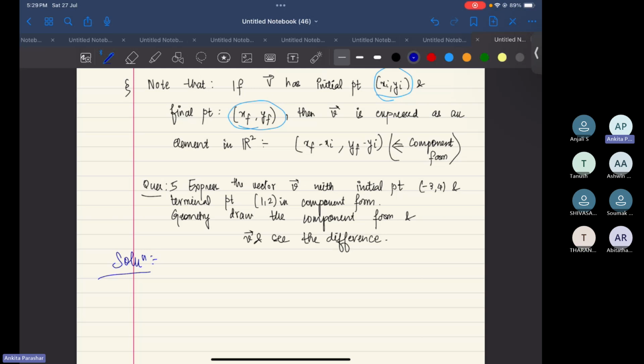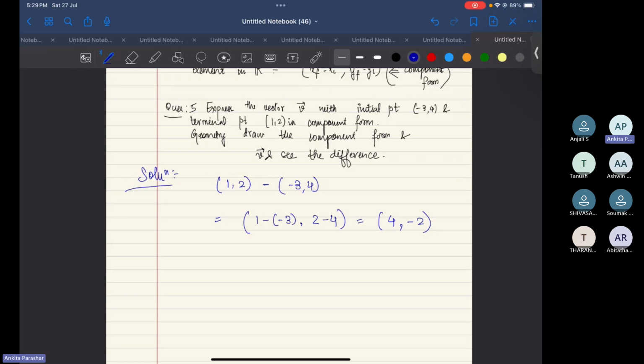Four minus two. Let me see. Our final point is (1, 2), and we take the difference with (-3, 4), component-wise. So 1 minus minus 3 and 2 minus 4. So we get (4, -2). Yes, this is our component.